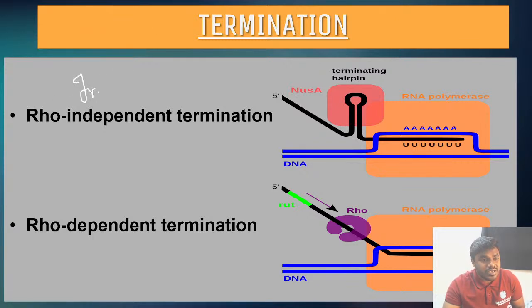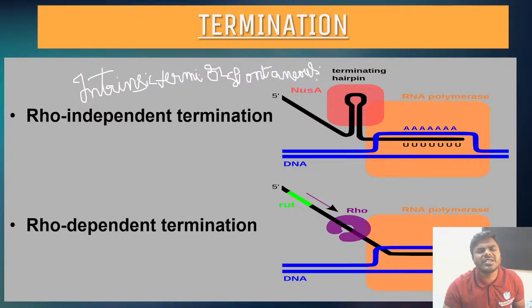That is the reason we call this intrinsic termination. Instead of intrinsic termination, we can also use the word spontaneous termination. It is absolutely the same. But sometimes it is very difficult for the RNA to come out on its own, so it uses certain extra proteins.